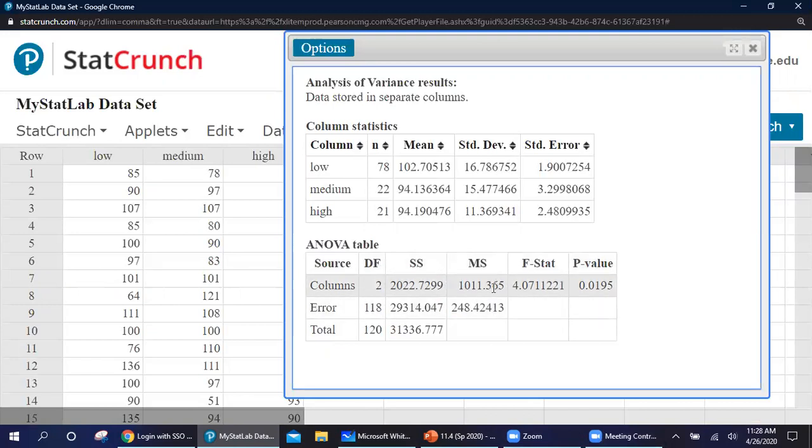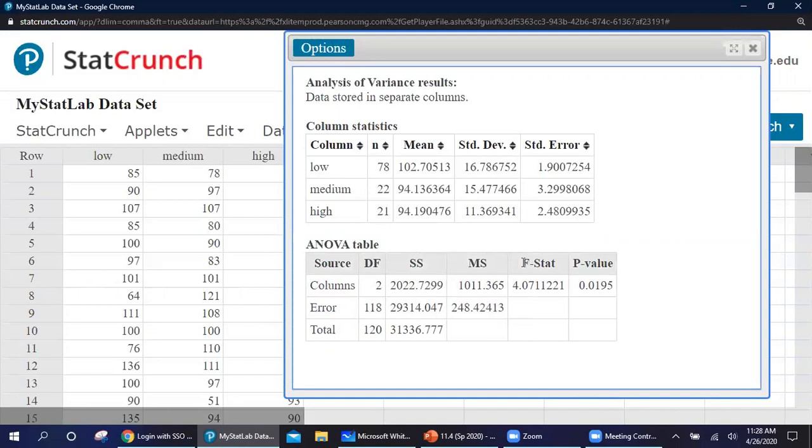That's where this number came from. The error is actually all the data, degrees of freedom of all the data, sum of squares of all the data, and then they divided the 29,000 number by 118 and got this, 248.